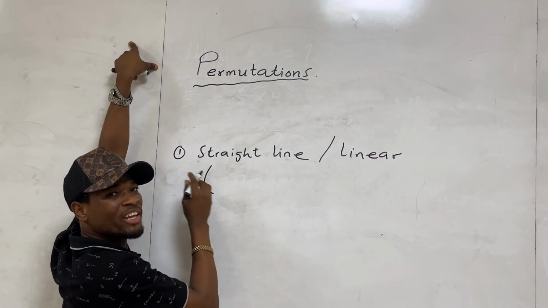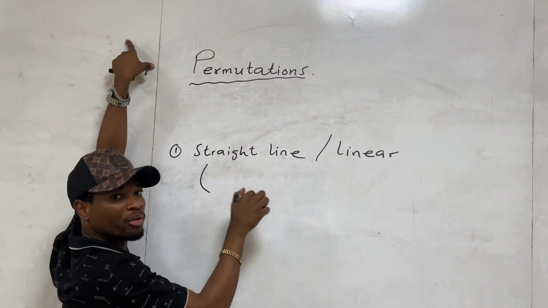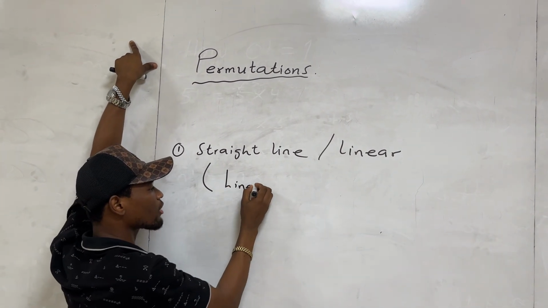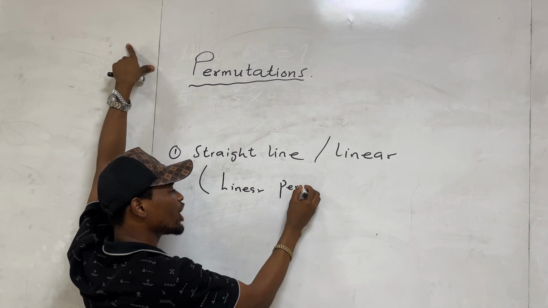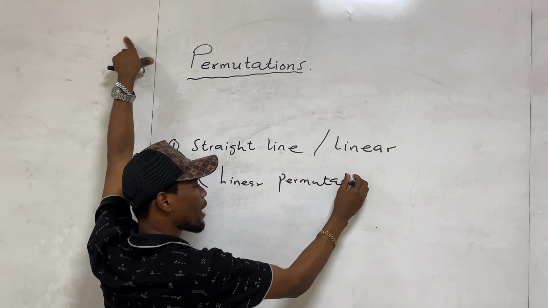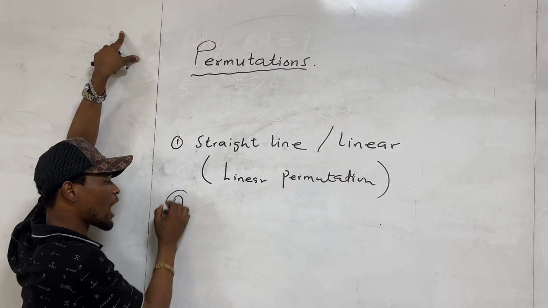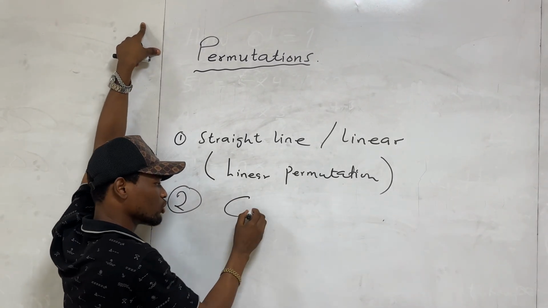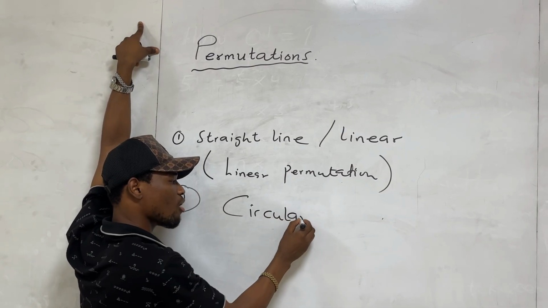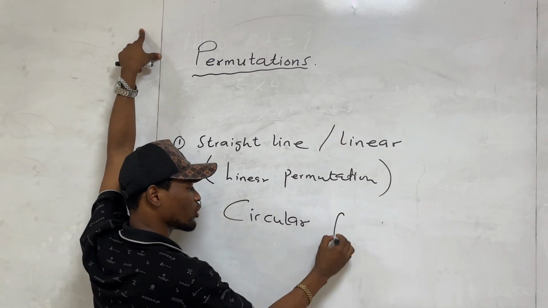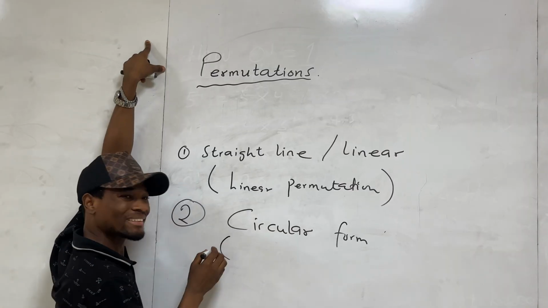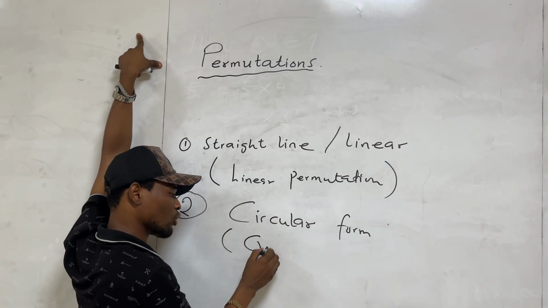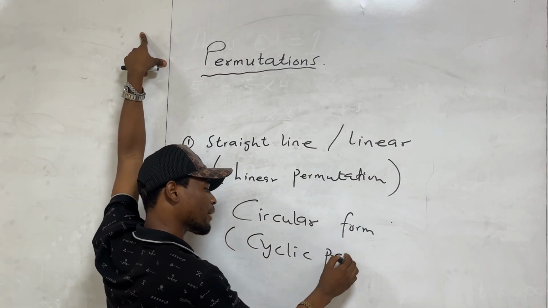When you do the arrangement in a linear form, that's what we call linear permutation. And two, the arrangement can be done in a circular form, and that's what we call the cyclic permutation.